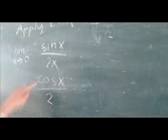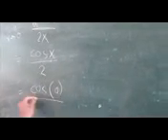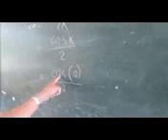Then we substitute the value of x with 0. So cosine 0 over 2, since we do not have x, is 1 over 2.